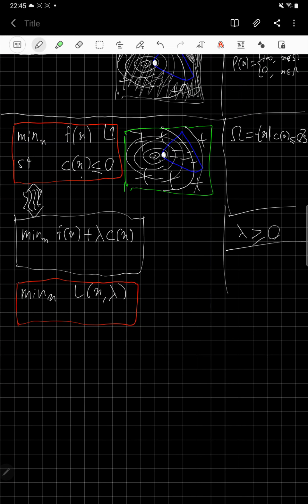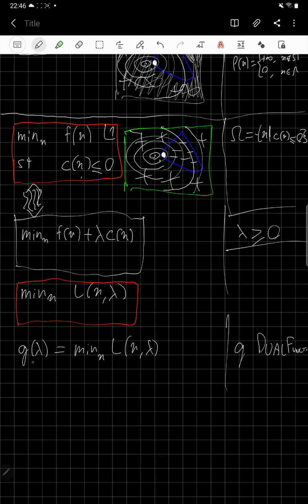So let's call the solution to this problem g of lambda. G of lambda is equal to the minimum over x of the Lagrangian. And the cool thing is that this is going to be the dual function. G is the dual function.